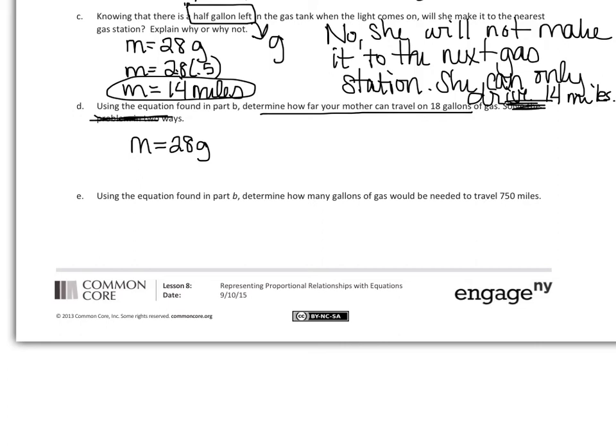So if she has 18 gallons of gas left, well, that's going to be my G value. So I'm going to plug that in. M equals 28 times G, which would be 18. And type that in your calculator and you find out that she can drive 504 miles.